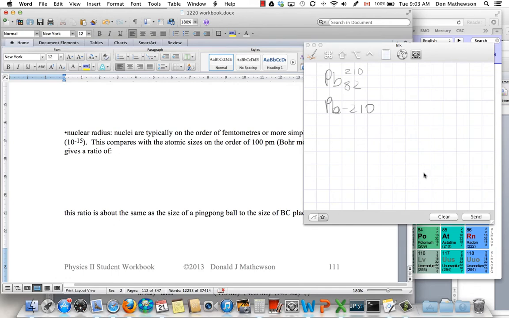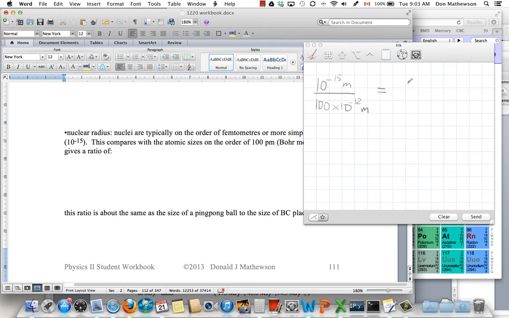And we can actually work that out. So if we had a nuclear size, it's about 10 to the minus 15 meters. And then an atom might be 100 picometers. That's 100 times 10 to the minus 12 meters, which is 10 to the minus 10.